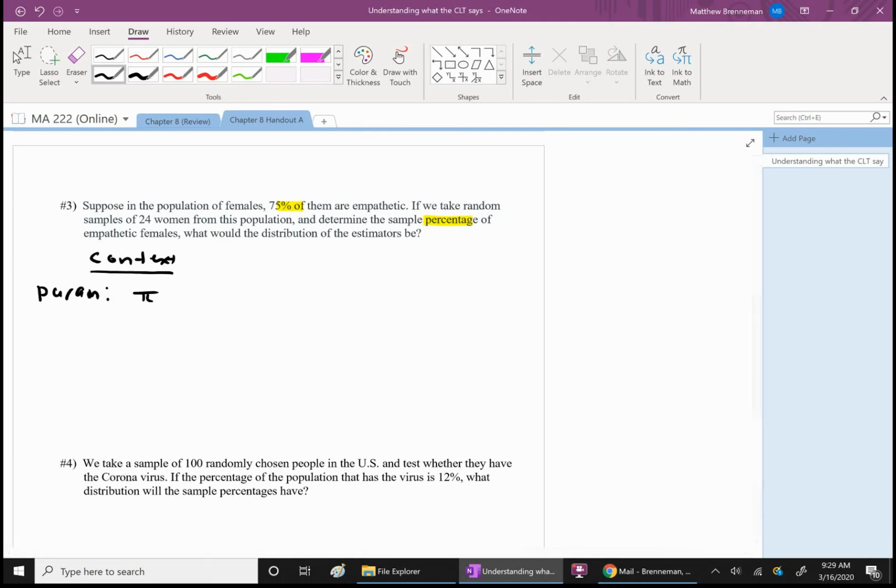So our variable has to be a percentage of a class. And in this case, we see that 75% of them are empathetic. So the variable here is whether or not a person is empathetic.